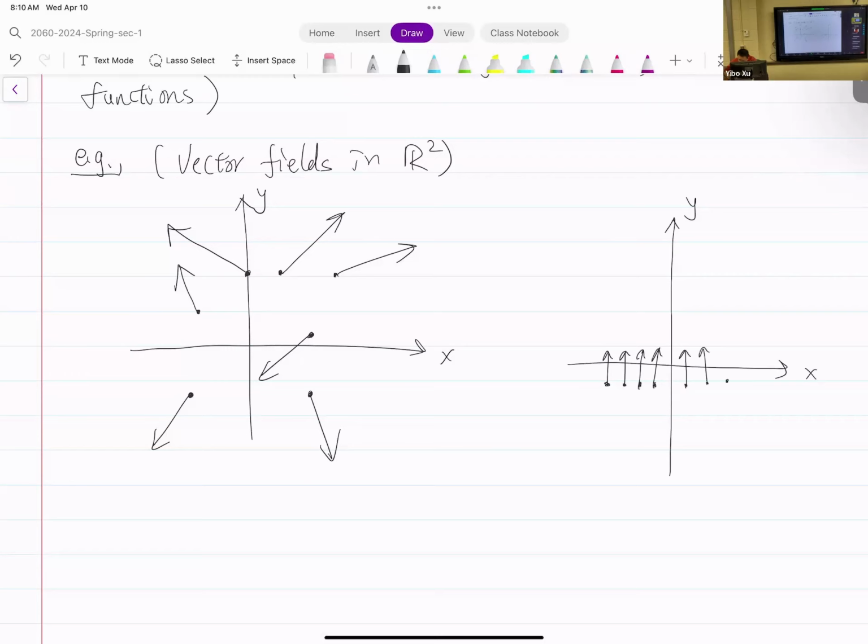It's pointing upwards. But basically, there are other vectors which we haven't illustrated within the sphere. And for whatever (x, y) pair, or point location, that you put in, you always assign a vector to it as the output of the vector field.